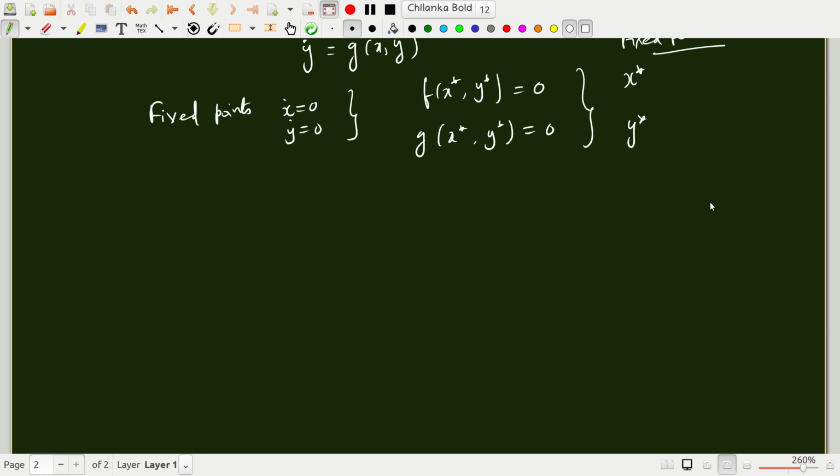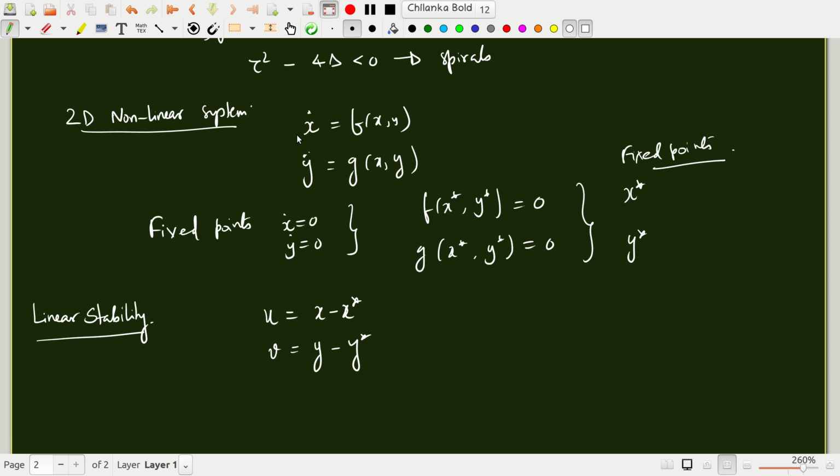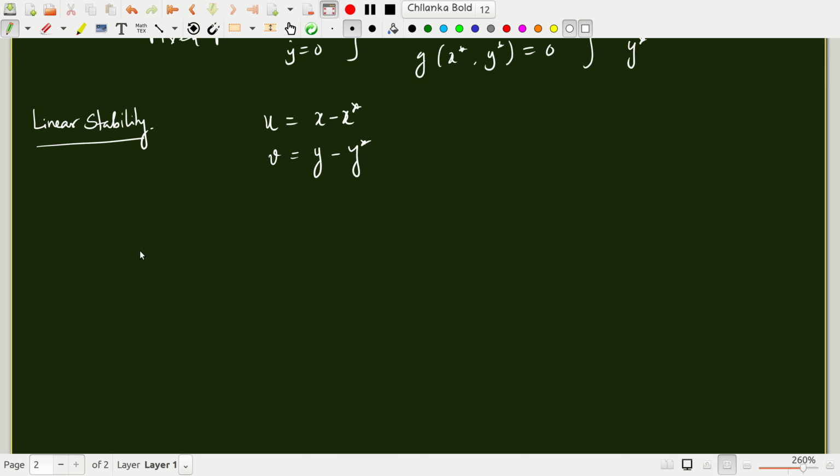Now once you have found the fixed points, we can do a linear stability analysis of the fixed points. How do you do that? You say that I'm going to look at small deviations u and v about the fixed points. You substitute u and v into the two governing equations, and then u dot is f of x star plus u, y star plus v.